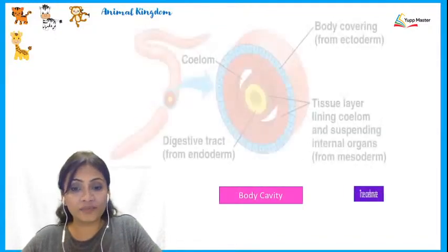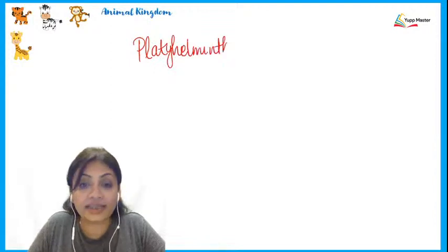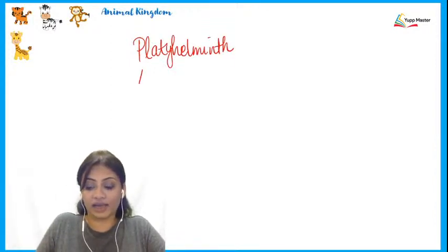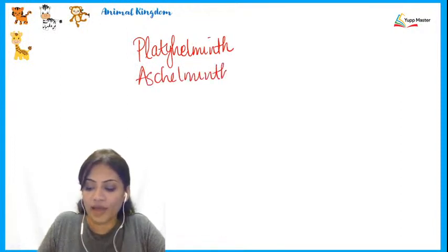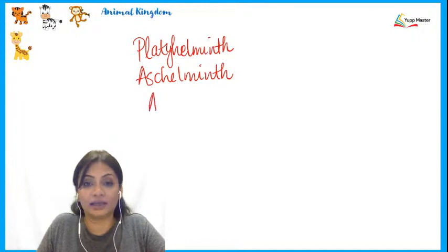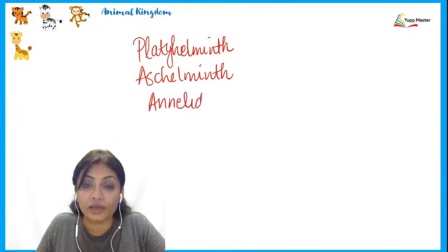Now we see here the body cavity. Remember when we're talking about the worms, the three types of worms we had seen. The first worm was platyhelminthes, the platyhelminth. The second type of worms that we saw were the aschelminth. And today we're learning about the annelids, Annelida.